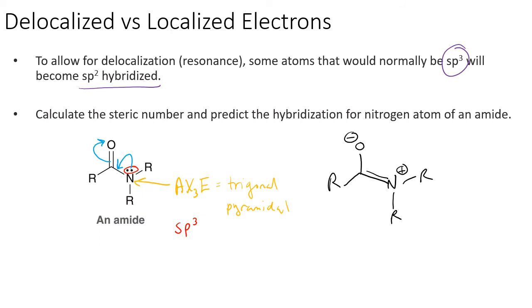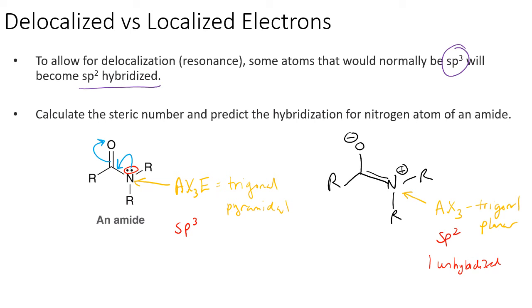Now looking at our nitrogen, it has three things around it and no lone pairs. It's AX3, which is trigonal planar. And the hybridization for trigonal planar is not sp3, but sp2. And when we have sp2 hybridization, we're left with one unhybridized p orbital. And that is where those lone pair of electrons on nitrogen must live.